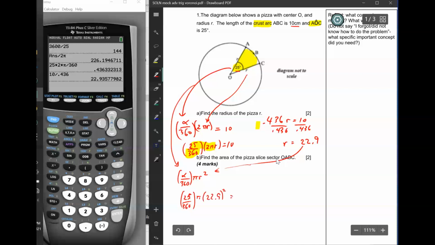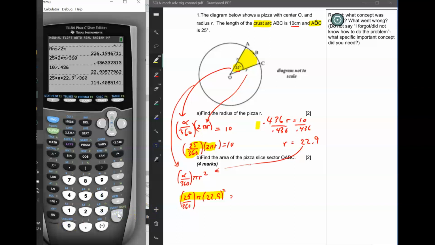So let's see what that is. Let's multiply all the top numbers first, and then divide by 360 at the end. It's better to do it that way. 25 times pi times 22.9 squared, and then I divide by 360 at the end.